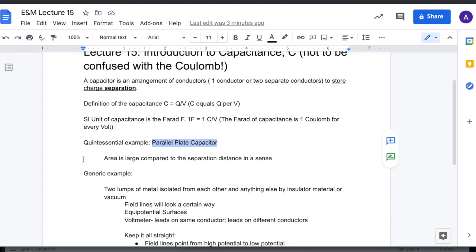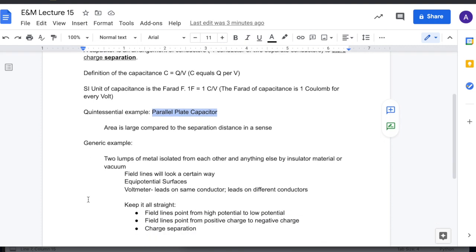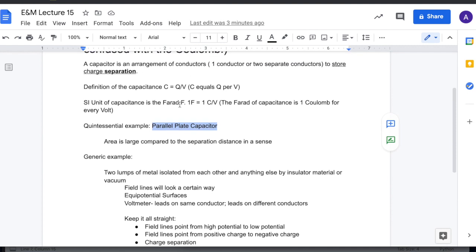But then after that, I'm going to describe some generic things about capacitors, because it doesn't need to be any particular shape of conductor. They can just be random lumps of metal.